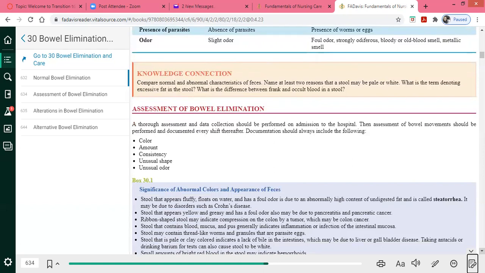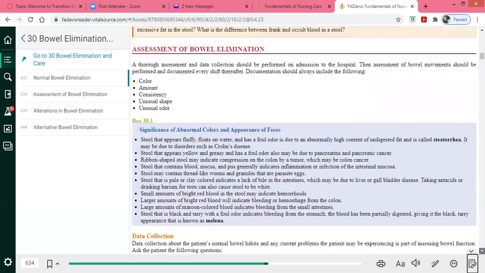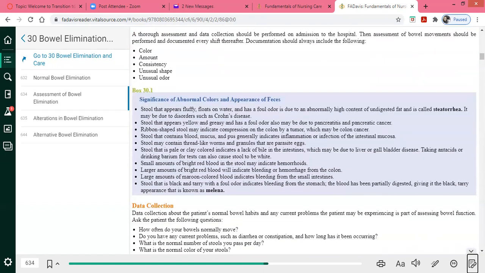And it also talks about abnormal findings in a stool, which would be frank blood, as far as seeing visible blood. That's what frank blood is. You're seeing blood that's visible to the naked eye. Occult blood isn't considered normal as well, where occult blood is hidden or not visible to the eye.